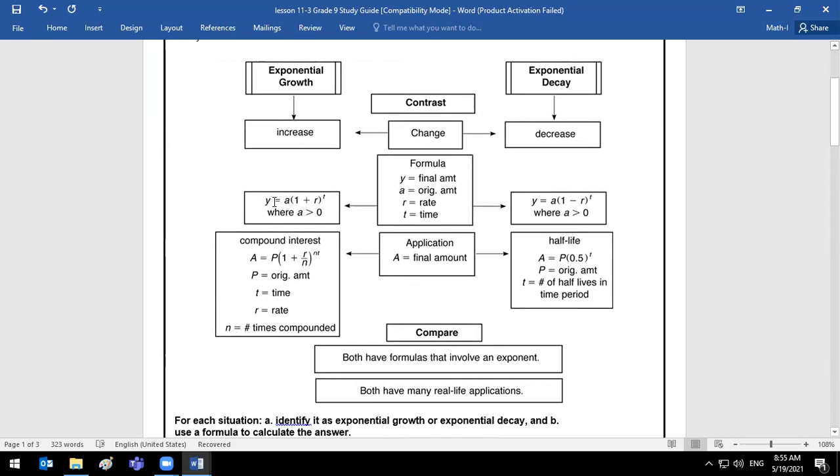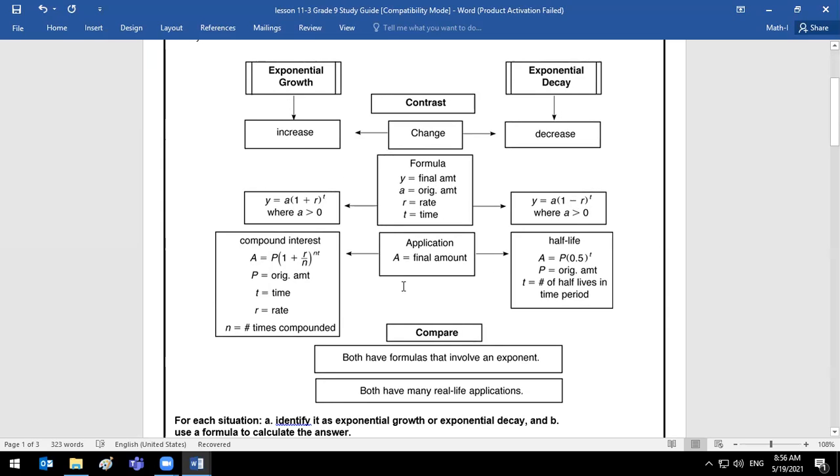Let's know the meaning of each variable in this equation. y is the final amount, a is the original amount, r is the rate, and it's better to write it in decimal form, and t is the time per year. For exponential growth, the formula has 1 plus r. But for exponential decay, the formula is 1 minus r.